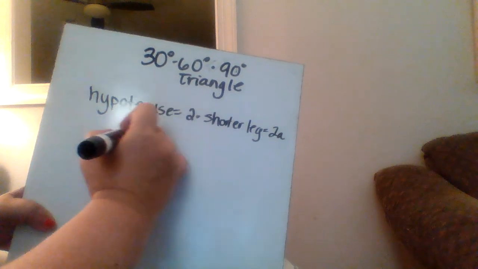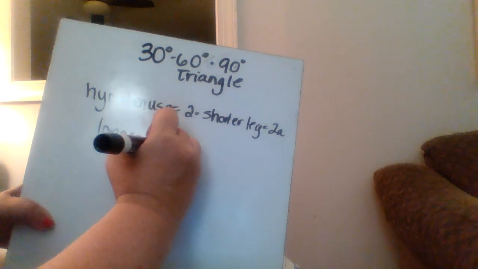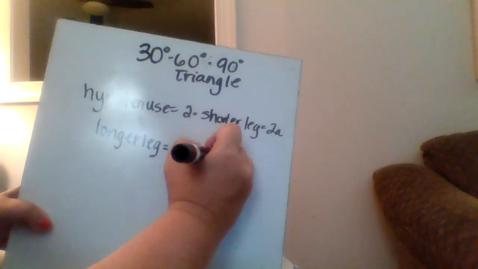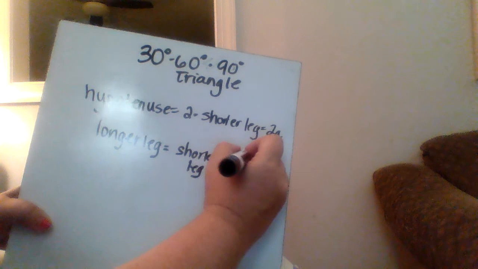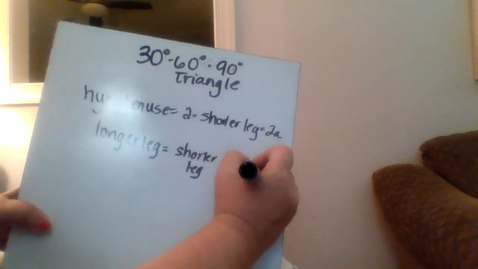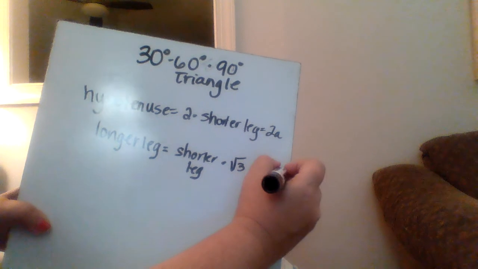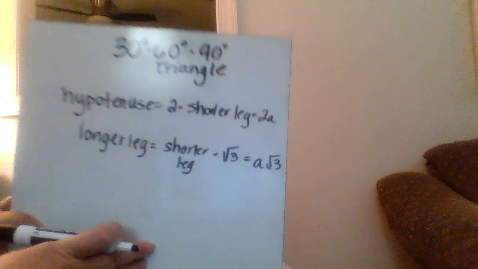And then our longer leg is going to be equal to the shorter leg times the square root of 3, which is equal to a times the square root of 3. Okay?